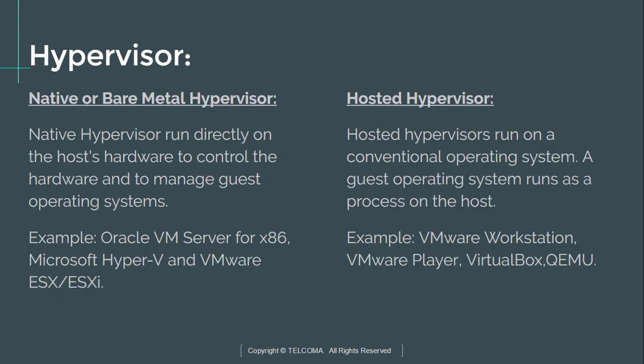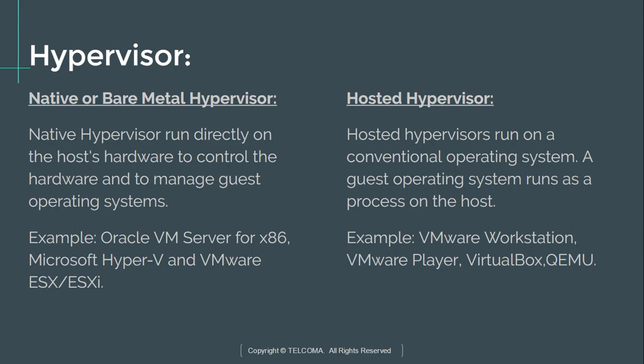Hypervisors are of two types, native or bare metal hypervisors and hosted hypervisors. Let's see the difference between these. Native hypervisors run directly on the host hardware to control the hardware and to manage guest operating systems. Hosted hypervisors run on a conventional operating system, and a guest operating system runs as a process on the host.